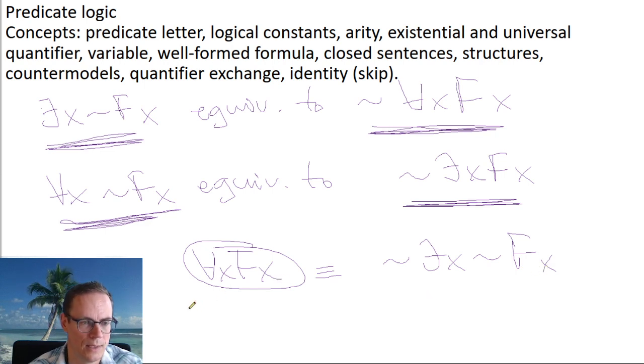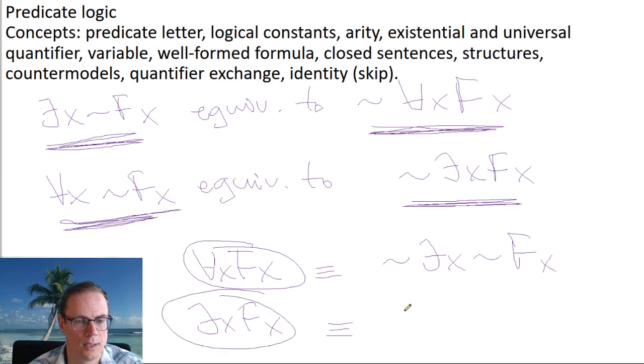Okay? And similarly, if I say somebody is mortal, I'm saying it's false that for everyone it holds that they are immortal. If someone is mortal, that's the same as saying it's false that everybody is immortal. Okay.